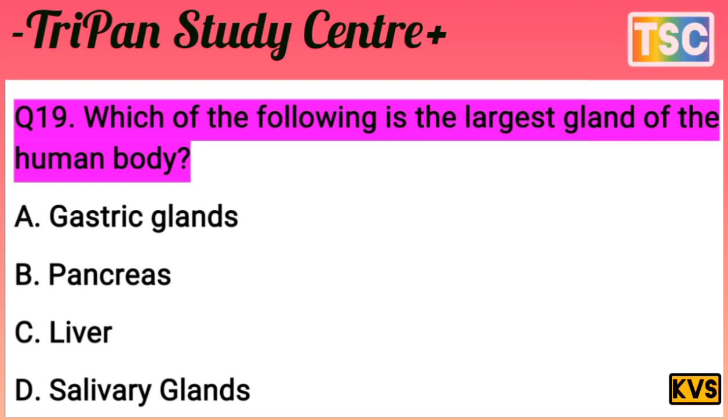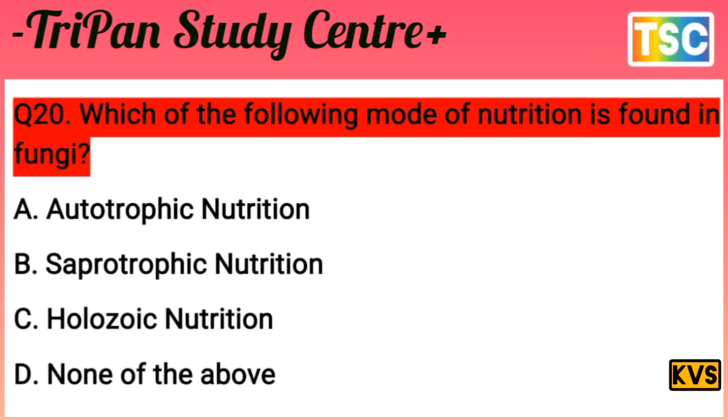It also stores vitamins and minerals and synthesizes proteins, enzymes and bile. The liver is the most important, the largest gland of the human body. Option C, liver, is correct.